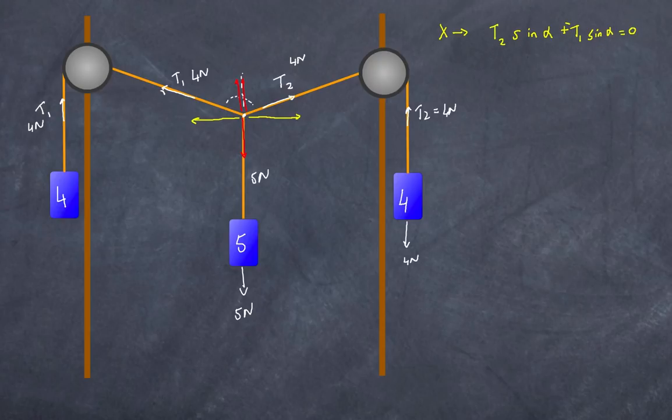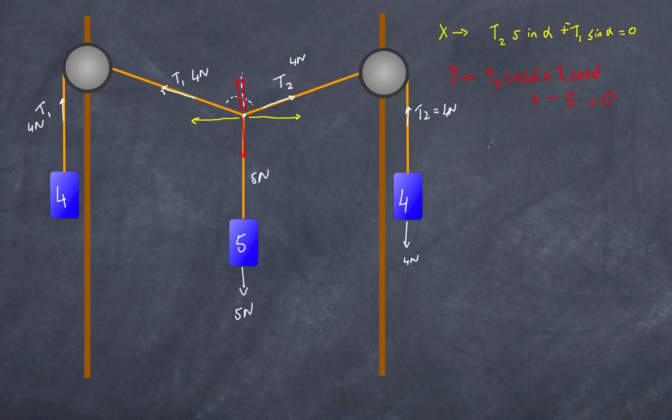Well, that's pretty obvious. It's the same values. Let's have a look, though, at what we do in the y component. So let's look at y. We have the T2, we're going upwards, of cos alpha plus T1 of cos of alpha. Remember, there are two aspects, plus the negative, this one's heading in the opposite direction, 5 equals 0.